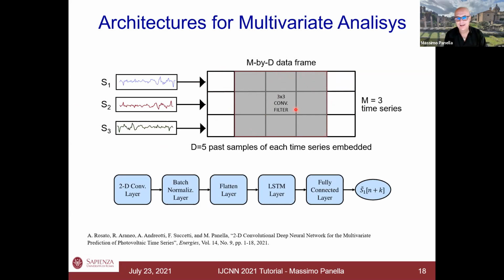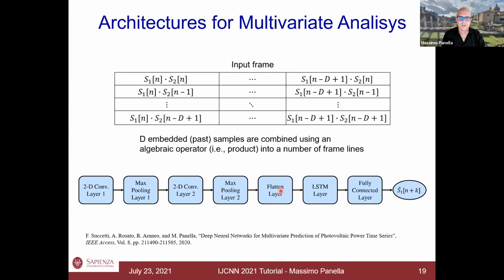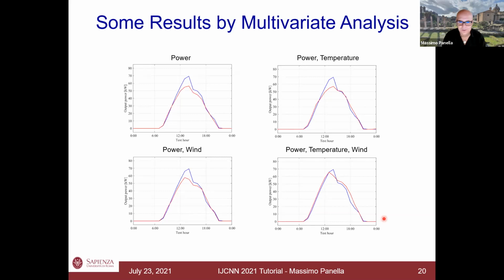Okay, this is the main idea. Then, you can use batch normalization, you can use dropout, you can use pooling, okay? The filtered and aggregated, so this is a kind of aggregation that we obtain, can be passed to the recurrent layer. Another approach can be based on algebraic aggregation, based, for example, upon data between two time series and so on, okay, with a similar stack. This also was proposed. I have to speed up my presentation because I only have about 20 minutes.